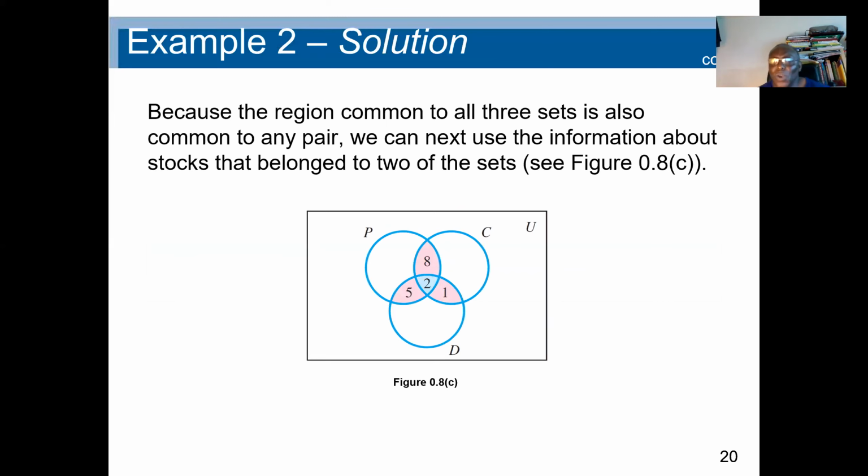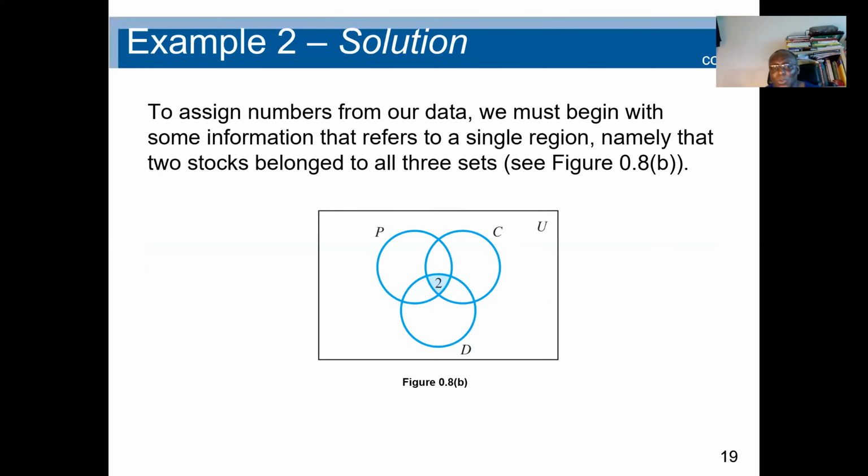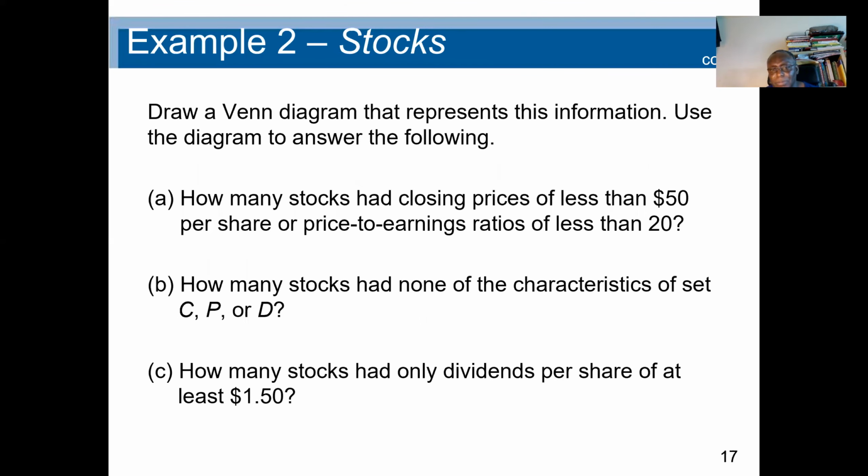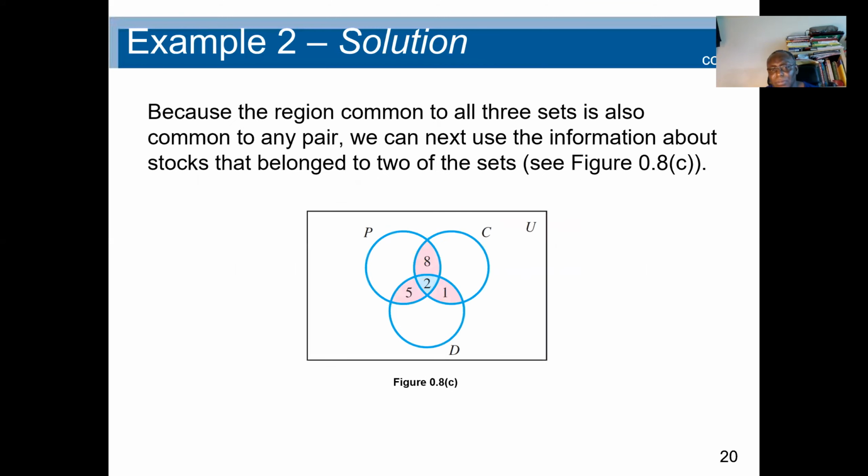Then next we have 1. It belongs to C and D. When we go back, we can see the condition given to us: 3 belong to both C and D, and 2 belong to all the sets. Now we have 5.